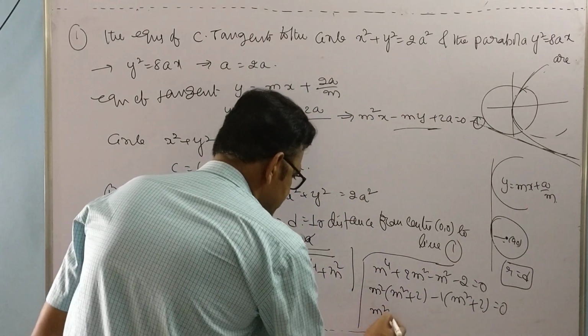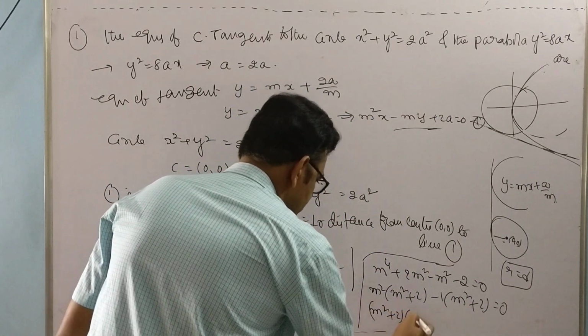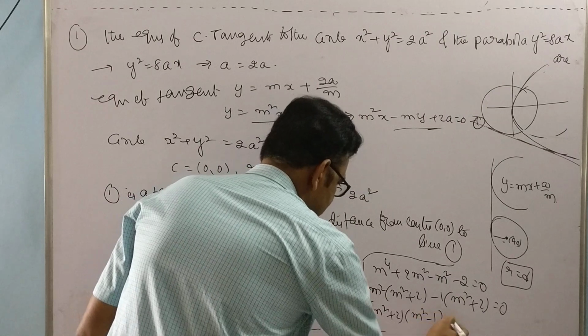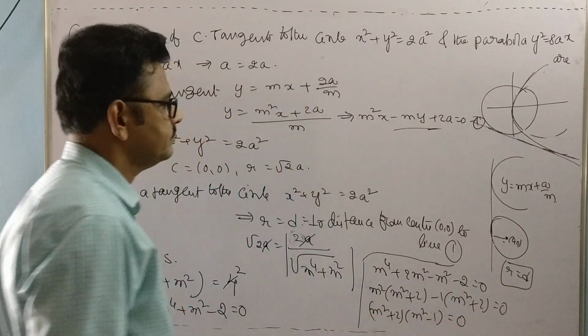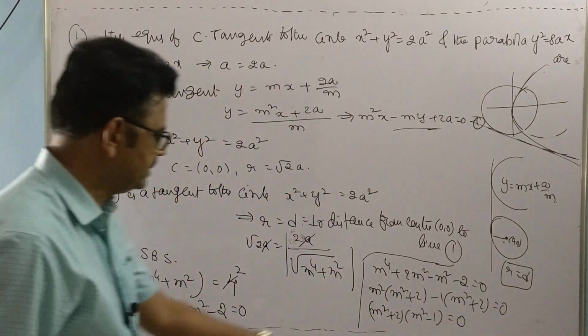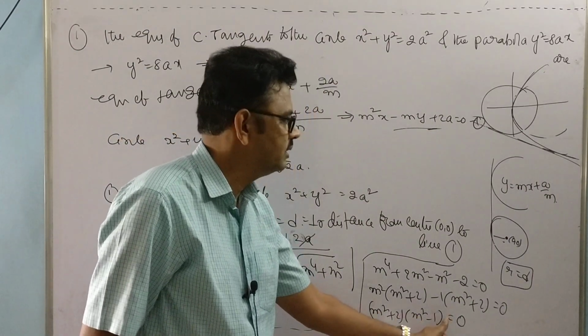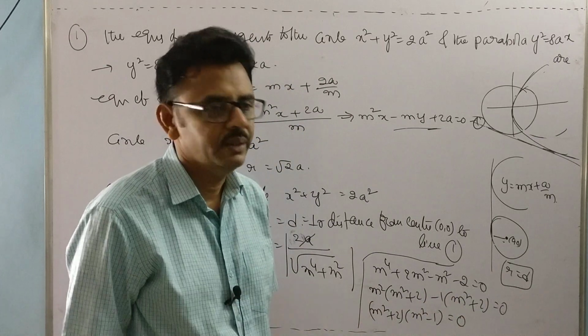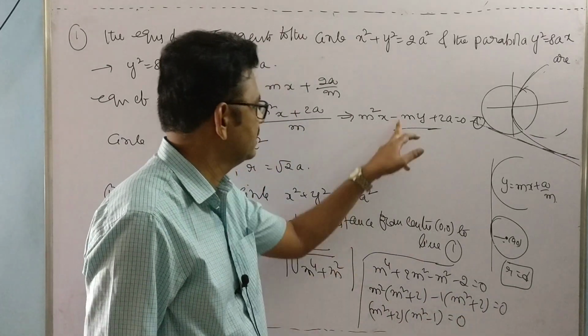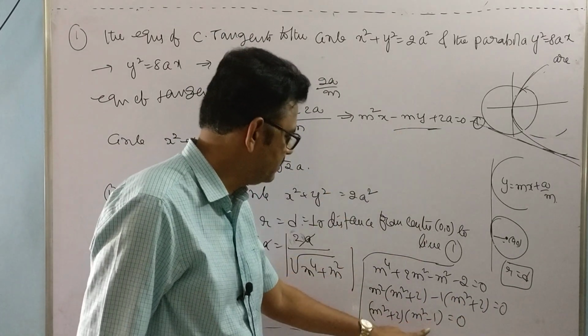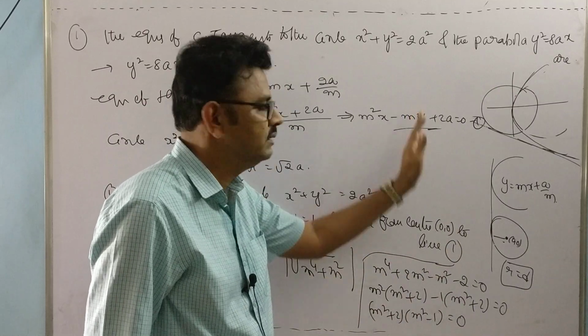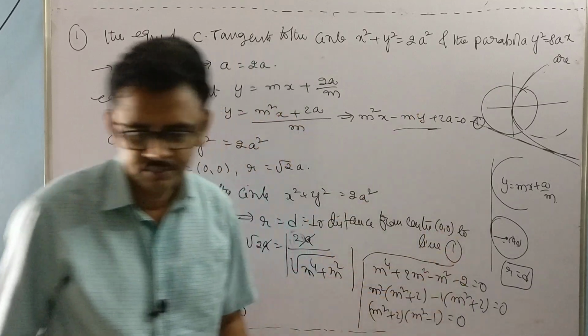So this is m square plus 2 into m square minus 1 equal to 0. Now m square plus 2 is not equal to 0, implies m square minus 1 equal to 0, therefore m value plus or minus 1. So if m is equal to 1, one equation. If m equal to minus 1, other equation. These are the tangents.